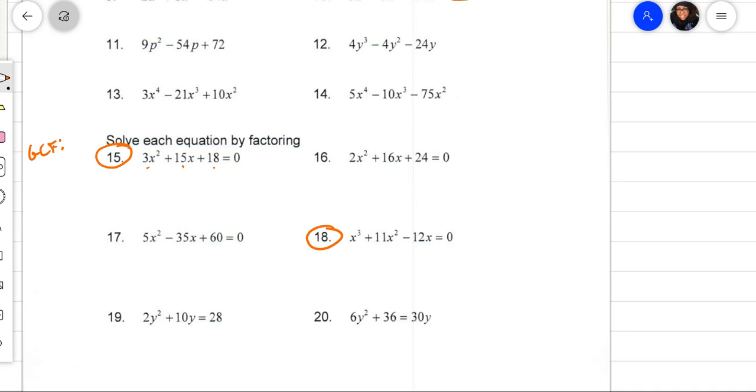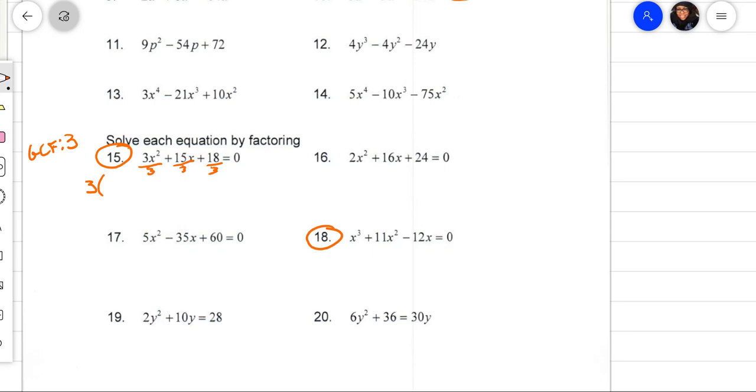That's not the case here. So no variables are coming out, and we're solely looking at numbers. We have a 3, a 15, and an 18. The GCF is going to be 3. Once you've established that's your GCF, it goes on the outside, and that's what we're dividing everything by.